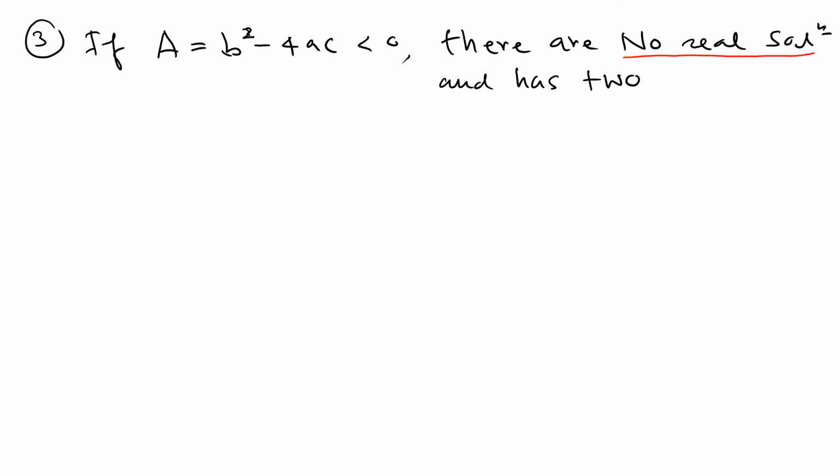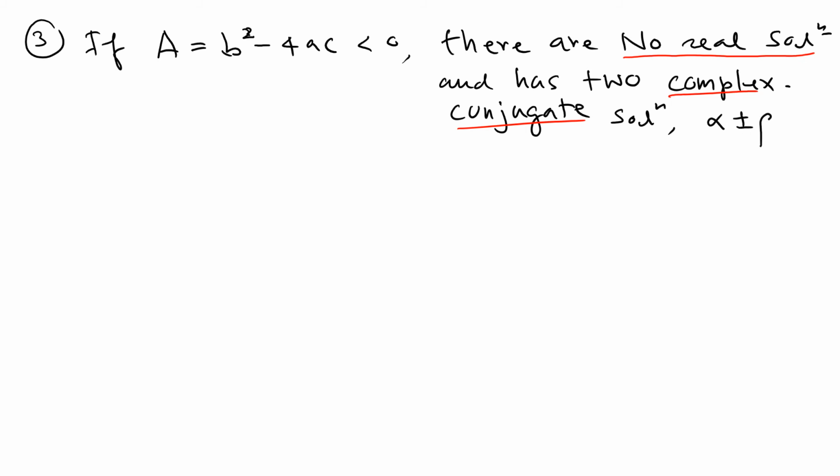These are what we call complex conjugate solutions. We normally write them as alpha plus or minus beta i. That's the standard way to write it.